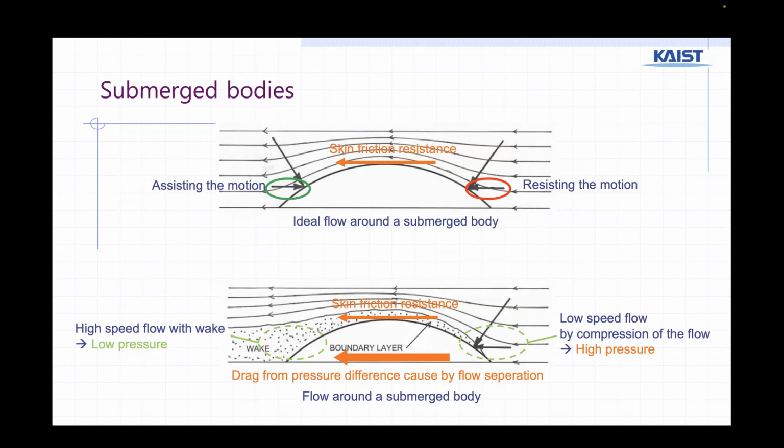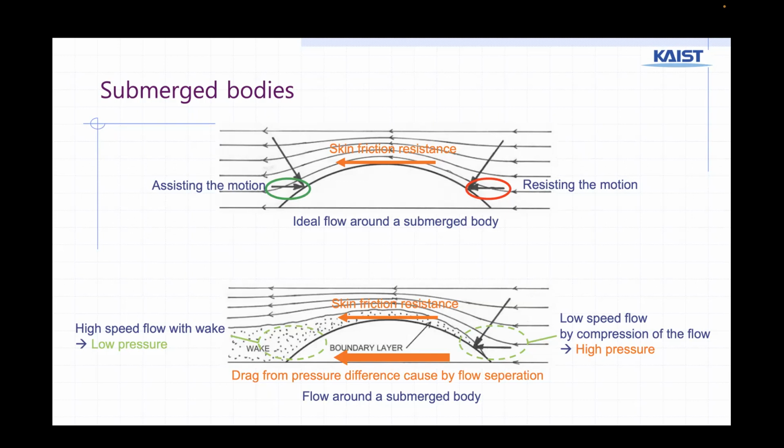In ideal flow, skin friction is a dominant component of resistance, particularly at higher speeds. It arises from the interaction between the ship's hull and the water. However, in real flow, turbulent flow is more frequent, as in the picture below. So we should also consider the flow separation at the backside of the body.